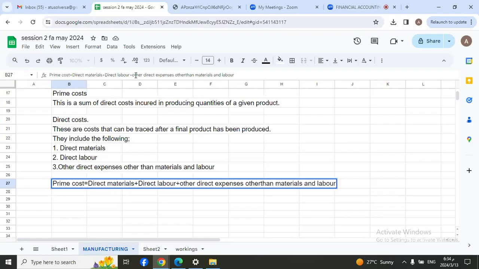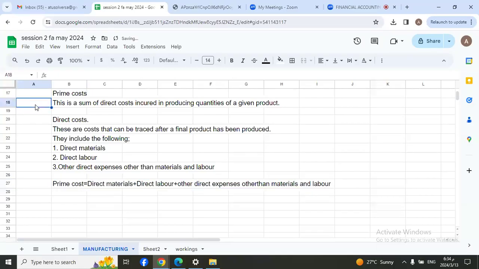So that is the prime cost. Therefore, it is the first item, the first computation you're going to do on a manufacturing account, in order to first determine the prime cost.